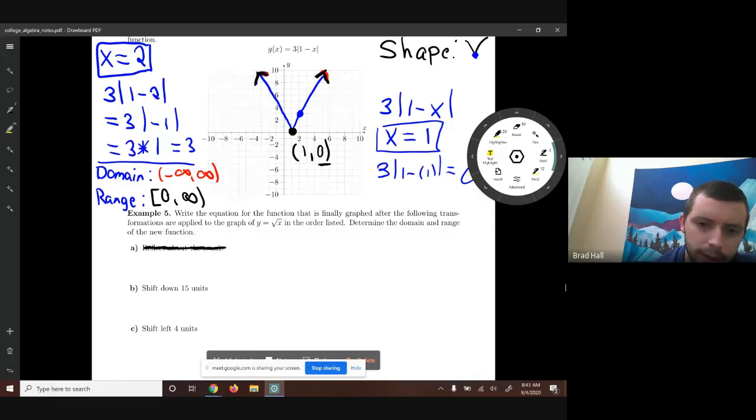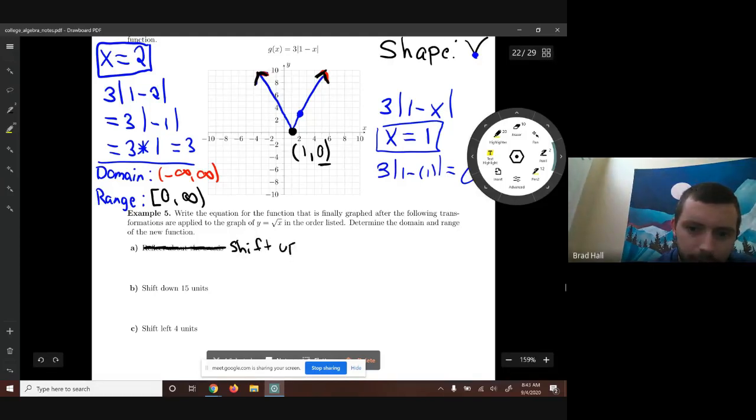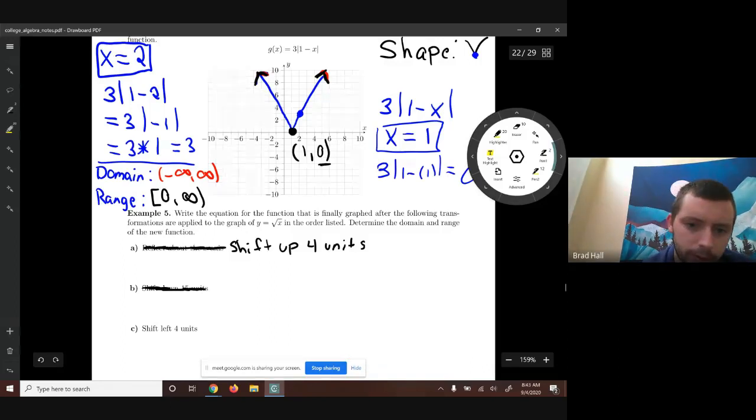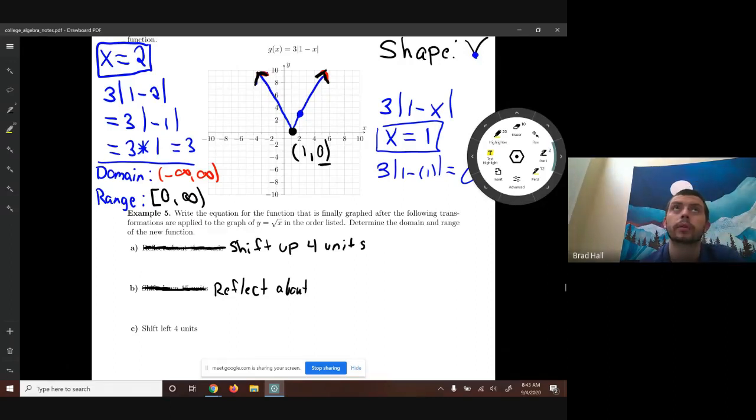So A, scratch that out, and we're going to say shift up, say 4 units. So I'm just making a new problem here. And then it was reflect about, which axis was it?